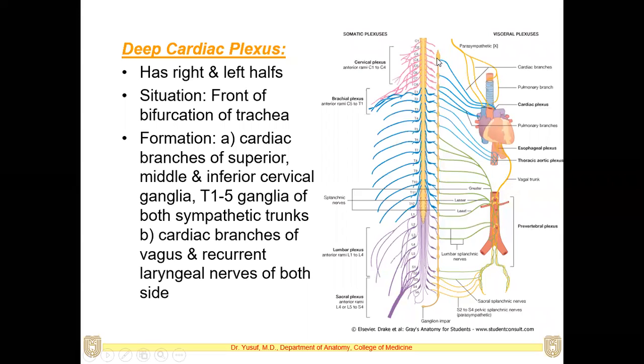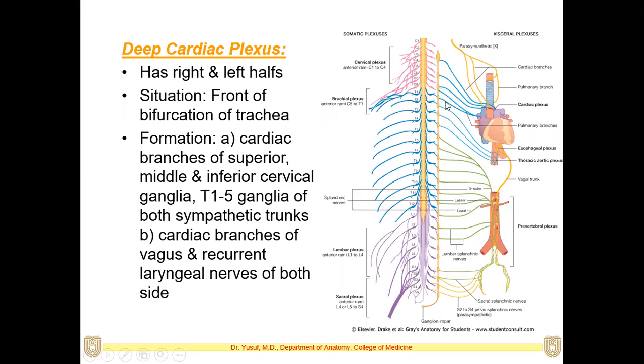The branches from the superior, middle, and inferior cervical ganglion, there are only three ganglions in the neck, so all these will give branches. The cardiac branches of all three will be going here. Then T1 to T5 ganglion of both sympathetic trunks.